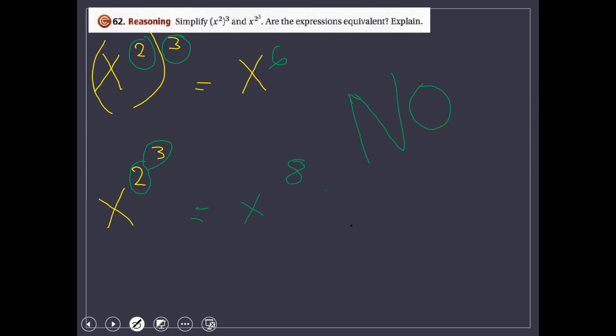No, they are not equivalent. Here we have x squared raised to 3, so it means that I multiply 2 times 3. But in the second one, this x now is raised to 2 to the power 3. 2 to the power 3 is 8. Then it's raised to x.